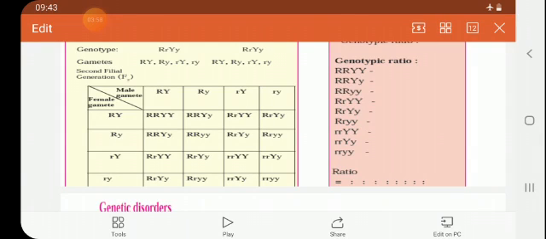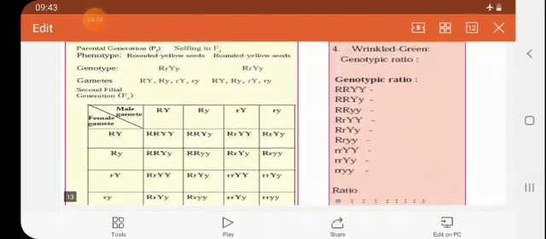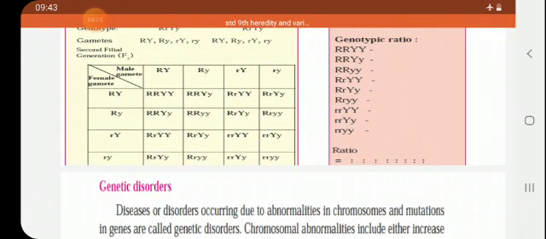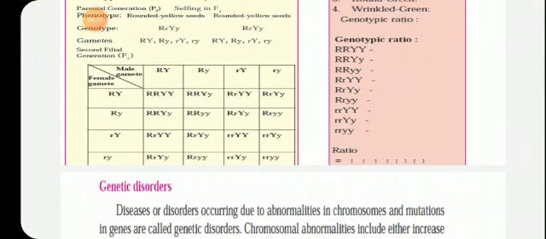Children, here you are observing that the female gametes are taken in the rows: capital R capital Y, capital R small y, small r capital Y, small r small y. When they are crossed, in the first column you get capital R, capital R, capital Y, capital Y. In the second line, capital R, capital R, capital Y, small y.